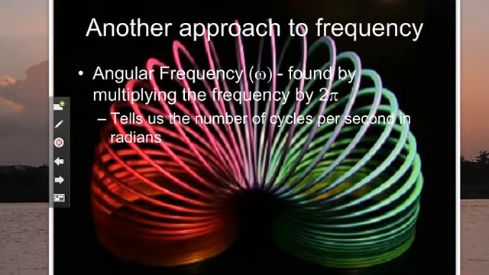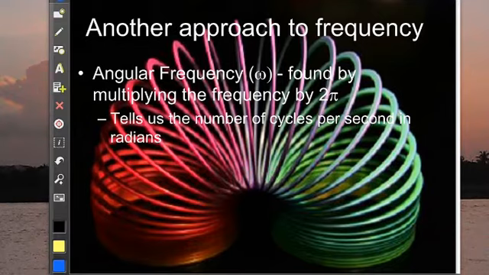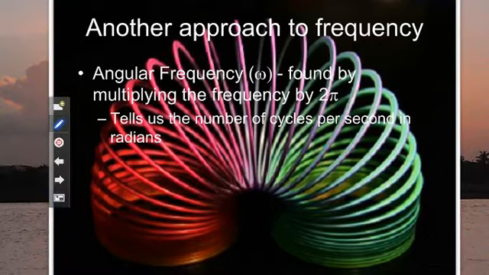Angular frequency is similar to regular frequency, and we get it by using the regular frequency. It's symbolized with this kind of curly Q W looking thing, which is actually a lowercase omega, and as long as it's got a little curl and a little tail, you're going to be alright in terms of writing it out.